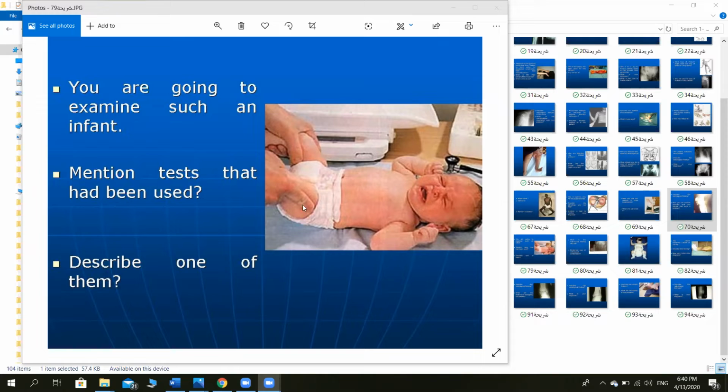If the hip is liable to dislocate, it will go outside, and then we do a gradual abduction like the Ortolani test, and the hip will relocate again, and we name it the Barlow test. So this is the Ortolani test, and we can do the Barlow test for a hip which is dislocatable.